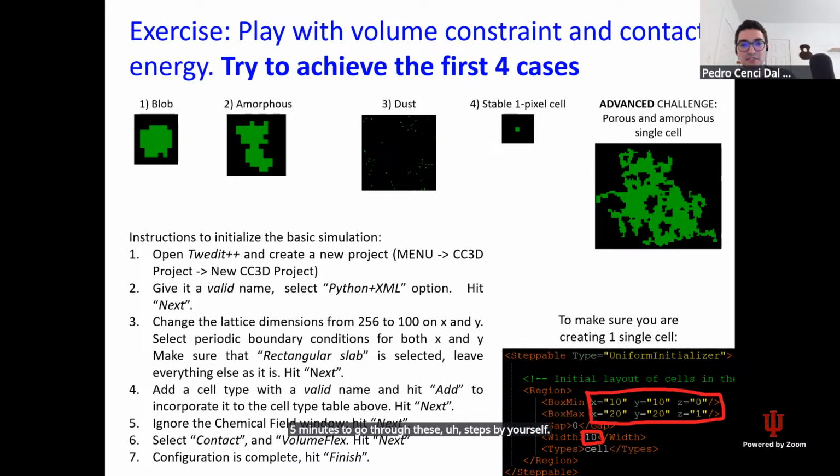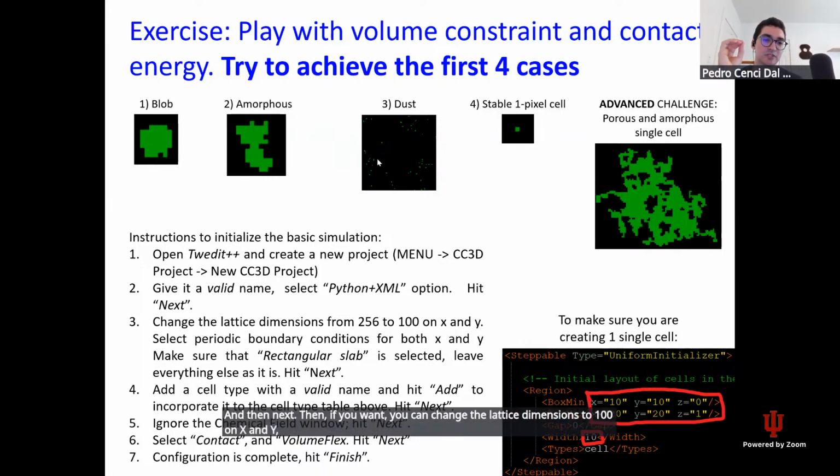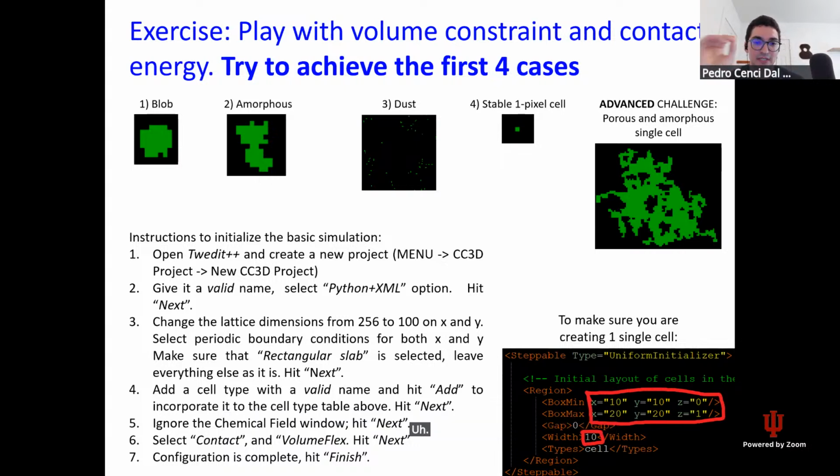So you open Twedit, go create a new project, which is on the CC3D Project drop-down menu, and then New CC3D Project. Give it a valid name, select Python plus XML, and then next. Then, if you want, you can change the lattice dimensions to 100 on X and Y. Select periodic boundary conditions for both X and Y. Select rectangular slab, hit next.